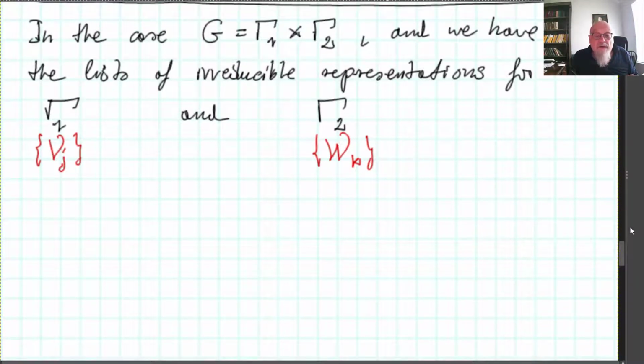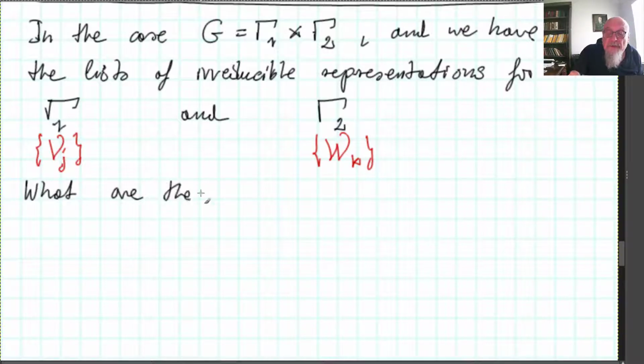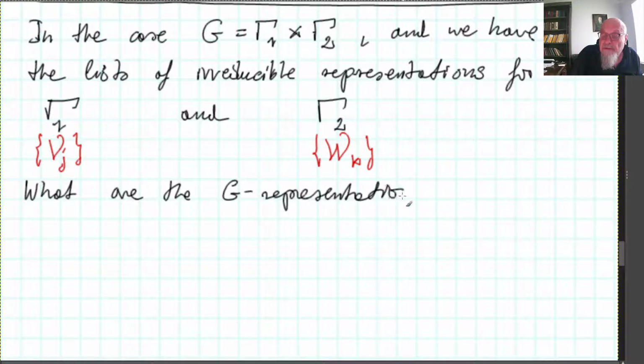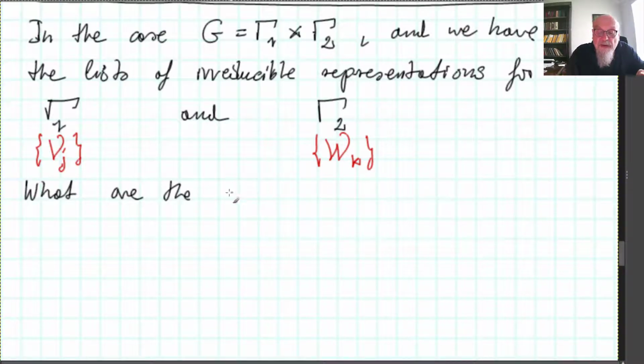So in such a case, what are the irreducible G representations?